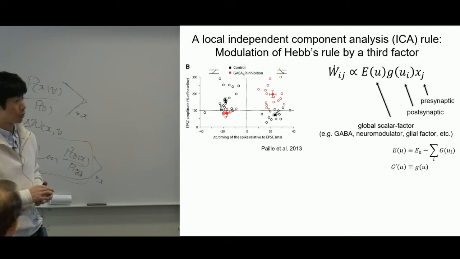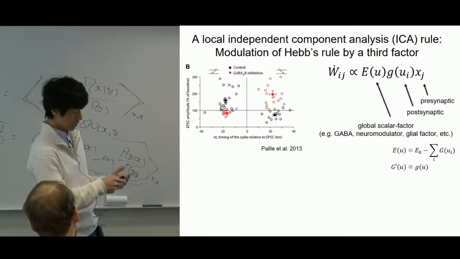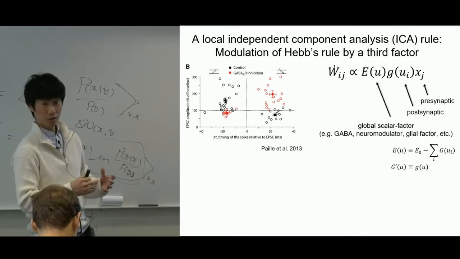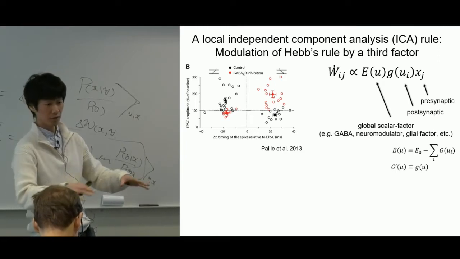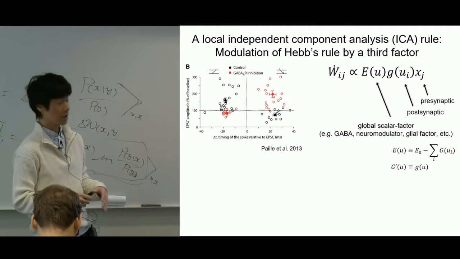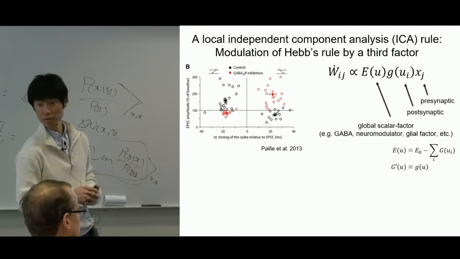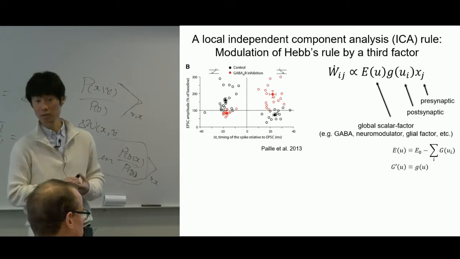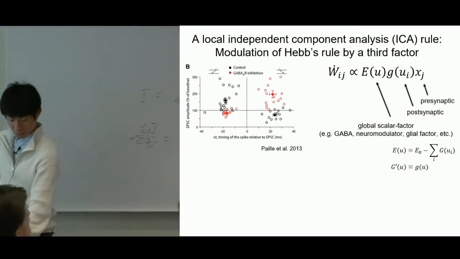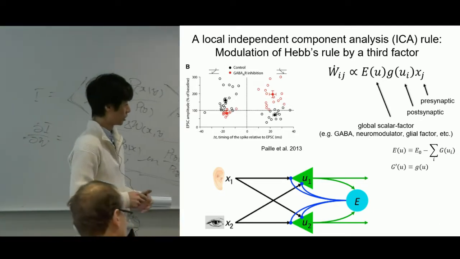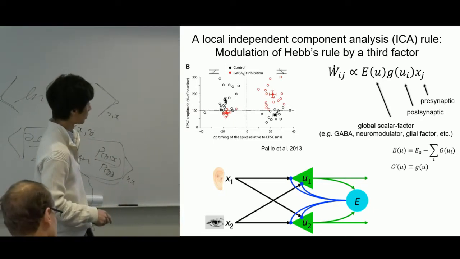So in principle, if this GABA-A encodes the activity level of surrounding neurons, then this can flip the sign of plasticity from Hebbian to anti-Hebbian plasticity. So it's possible that this could be implemented, and the proposed scheme is something like this.